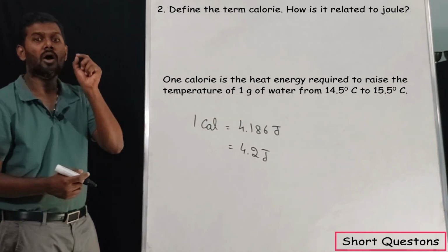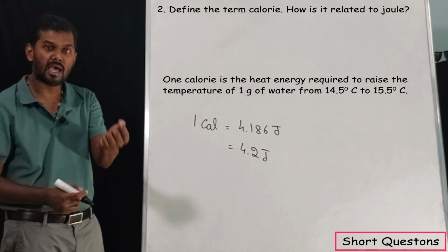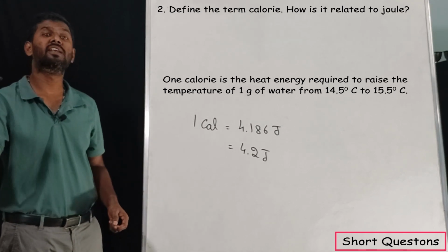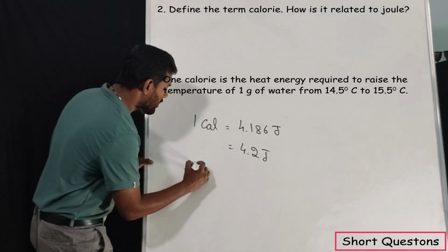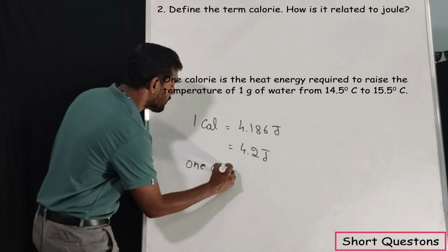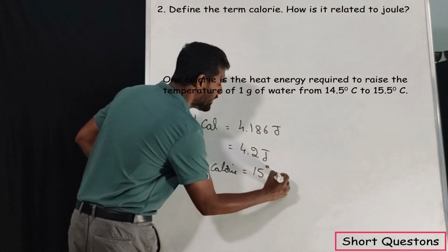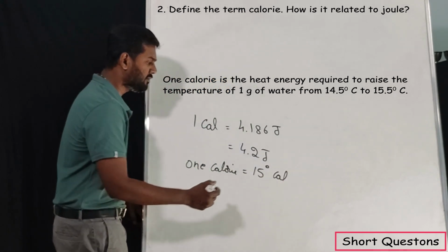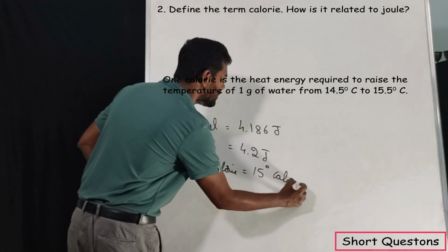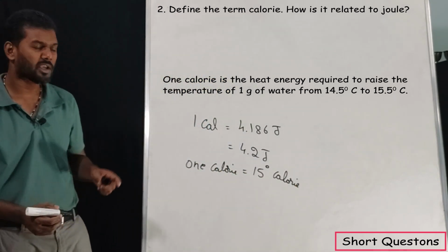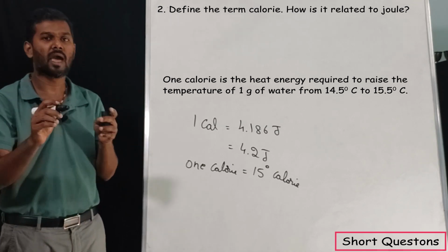Instead of asking 1 calorie, they may ask you what is 15 degree calorie. 1 calorie is nothing but 15 degree calorie. In the exam, they may confuse you with this word also. So 1 calorie is nothing but 15 degree calorie.